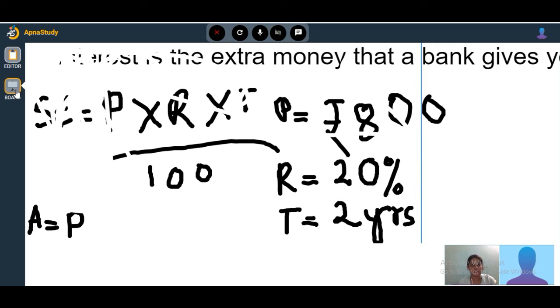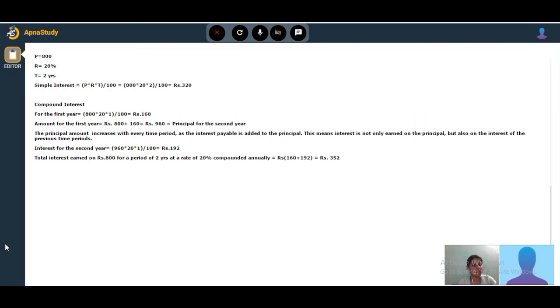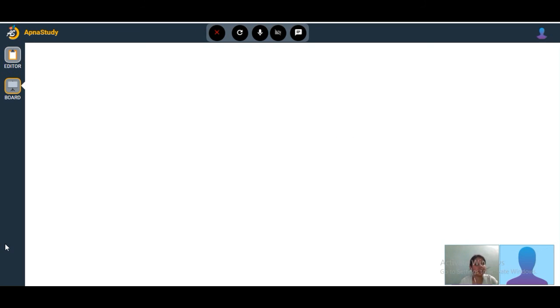When you go to the icon on the left side, there's a cross mark. Go downwards, there's a plus sign on the left side. Yes, plus sign. Just open the board. Okay, thank you so much. Okay, now I can show the formula.